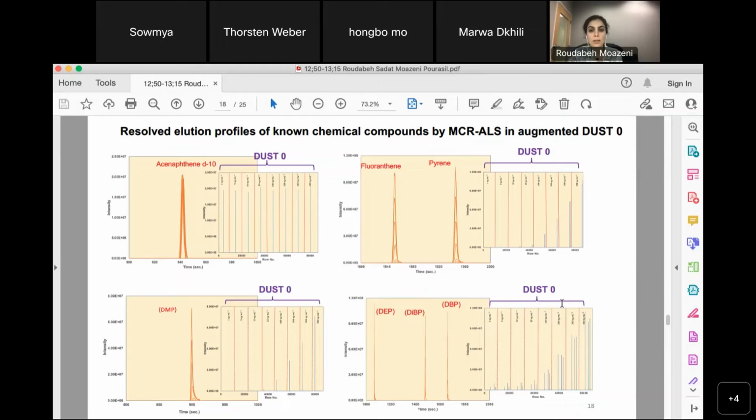On the upper right-hand side, you see the resolved MCR with 2 peaks, and at the bottom right you see MCR resolved 3 peaks in the elution profile, and as before, their peak heights are in accordance with the concentration. Please go to the next slide.